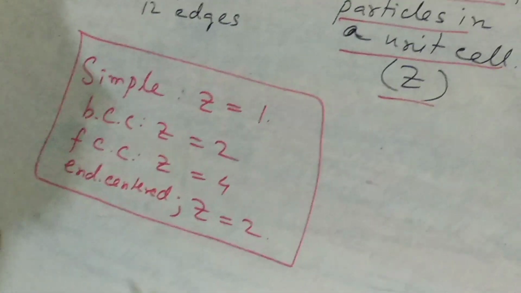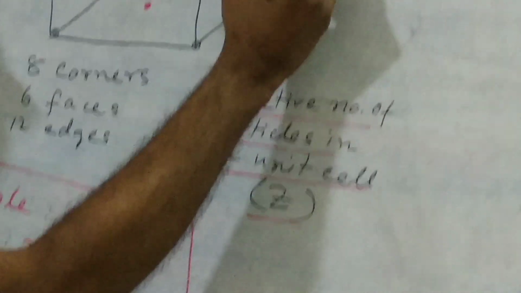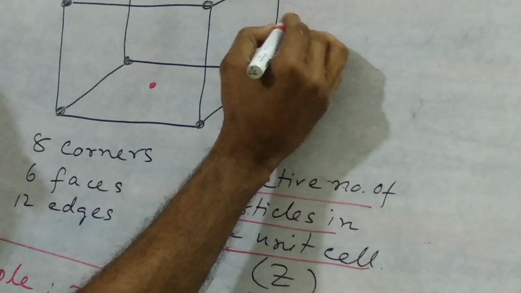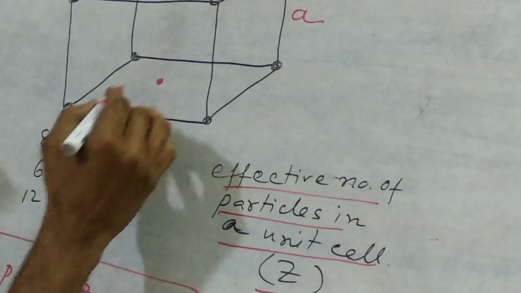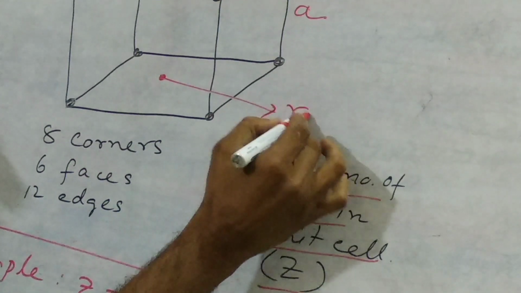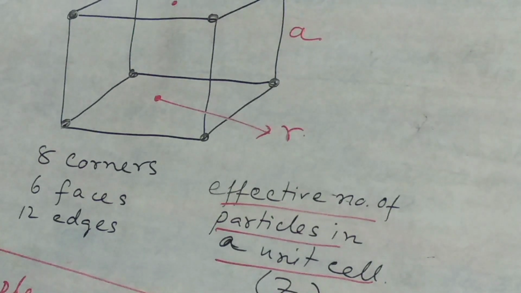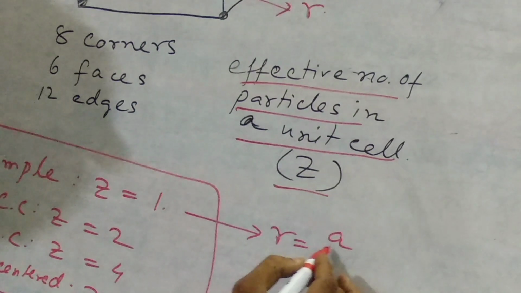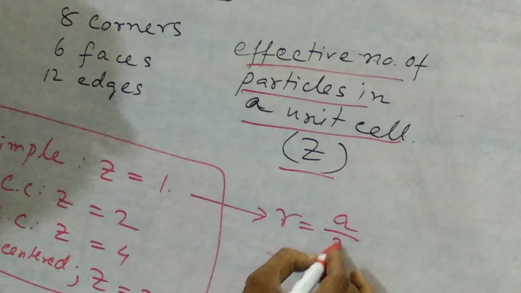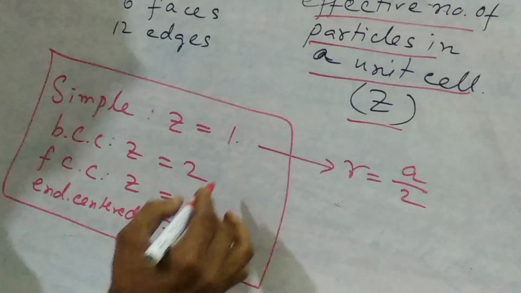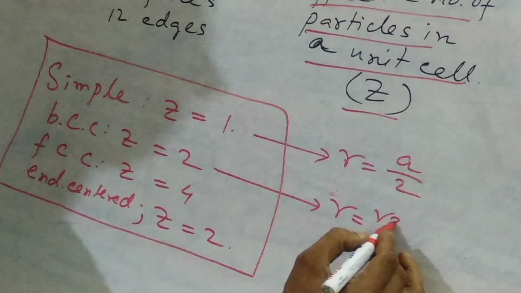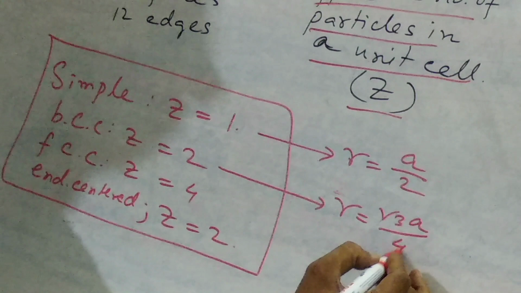Now, if the edge length of the cubic unit cell be a and the radius of each particle be r, then there are some relations. For simple cubic unit cell, r equals a by 2. For body-centered cubic unit cell, r equals root 3 a by 4.